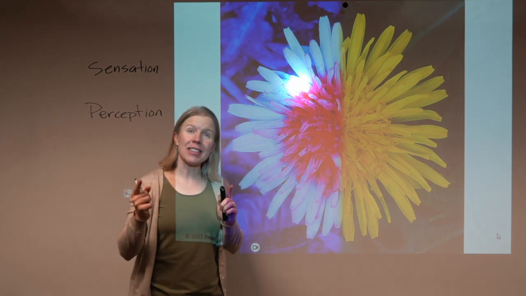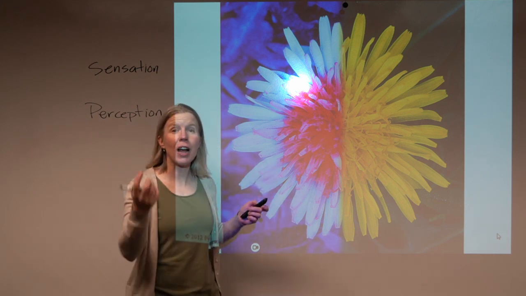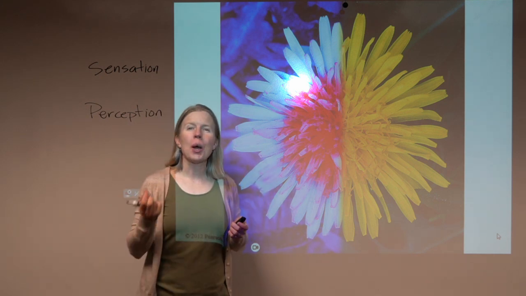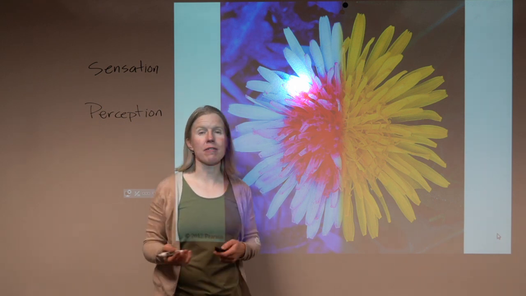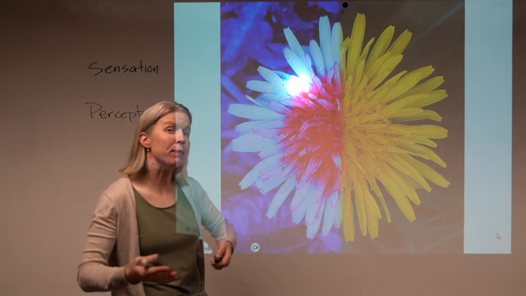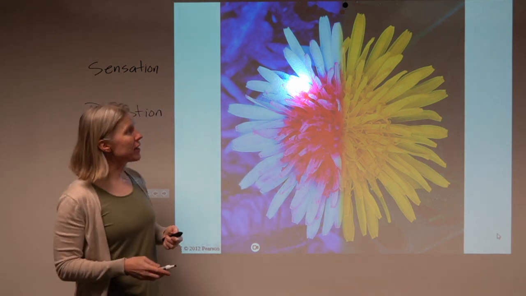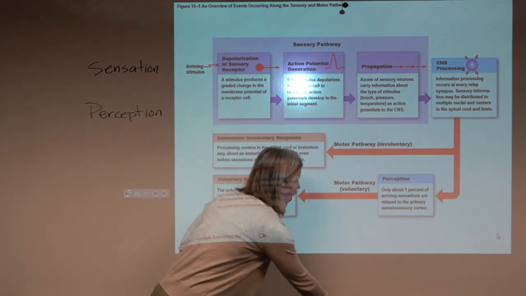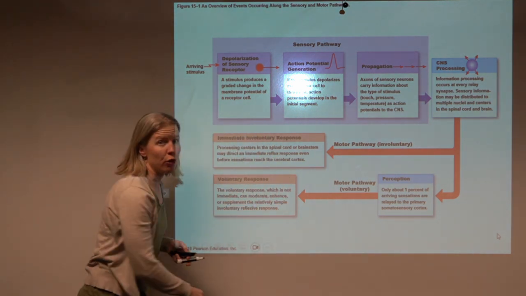And that sensation, those UV rays reflecting off the flower, are hitting our eye, but we do not have the receptors in that case to do anything with that information, to send it to the cortex. So we do not perceive that, we perceive this. So we'll get into some interesting topics as we dive in a little bit further here.